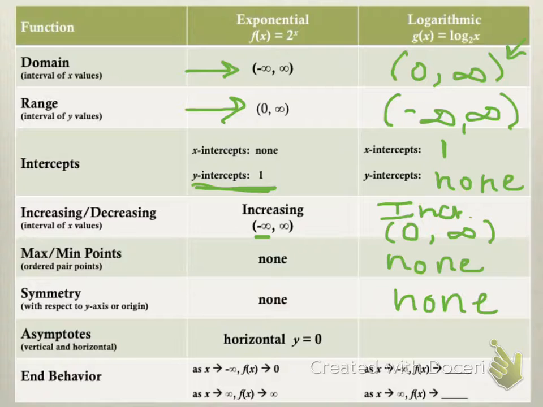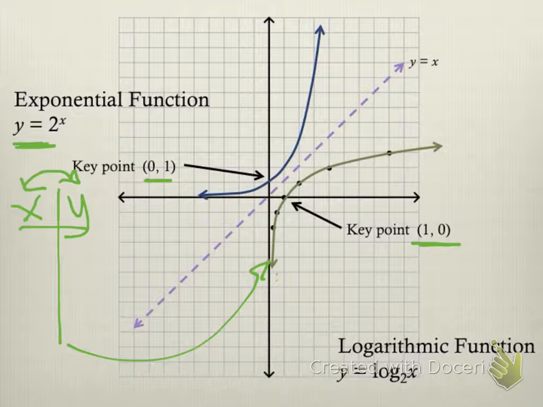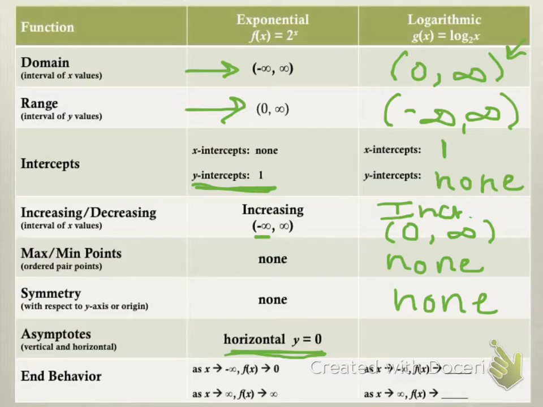Now, again, because we have switched these things around, what was the horizontal asymptote at y equals 0 on the exponential function has now become vertical. So instead of a horizontal asymptote, we now have a vertical asymptote, which is x equals 0.